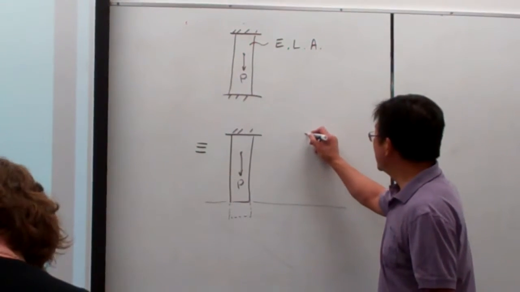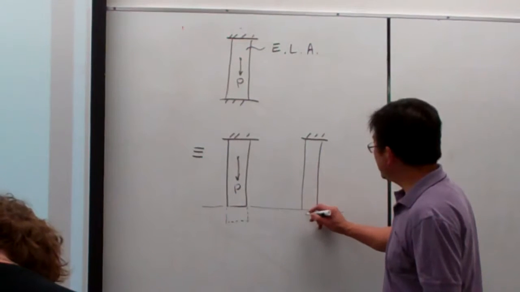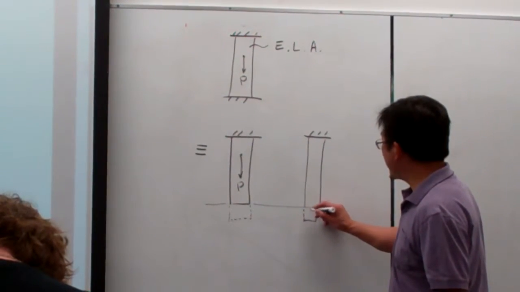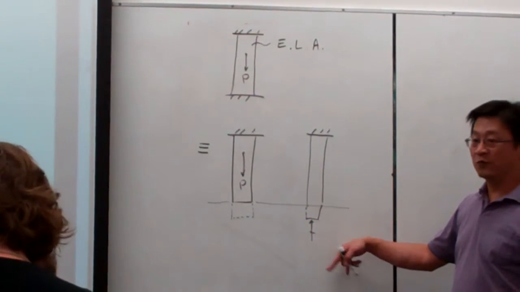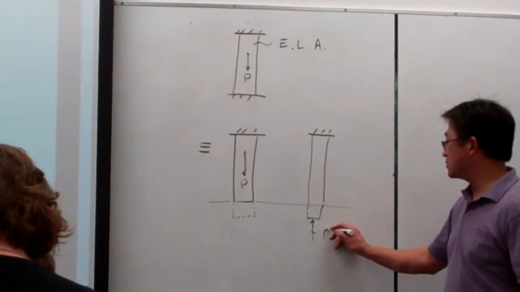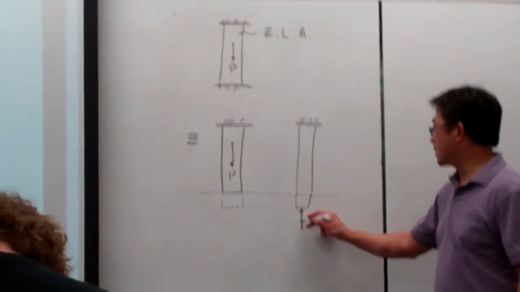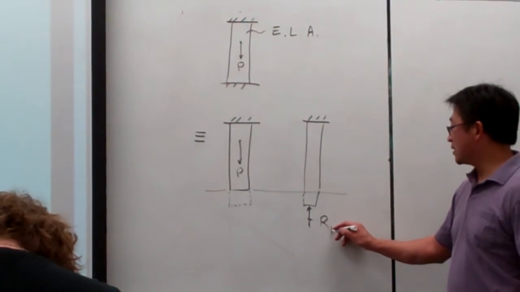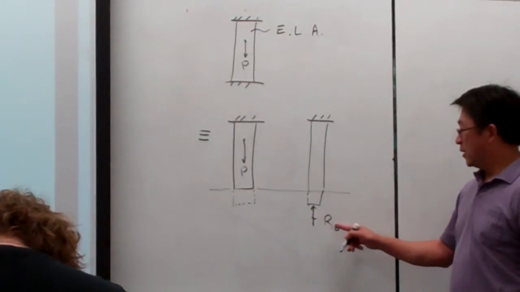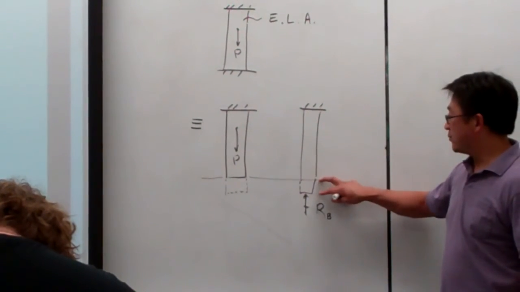So in the real case, this material virtually should be elongated by that much, however reactions produced from the ground prevent that from happening. Let me use the symbol, the arrow with the hyphen here, for the reaction. Such a reaction, let me call it RB, which is unknown. This RB is trying to push back the whole elongation by that much.